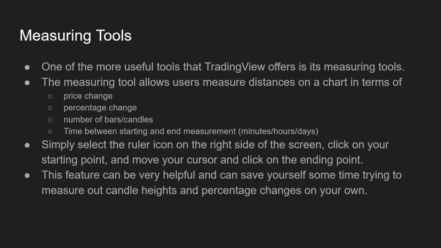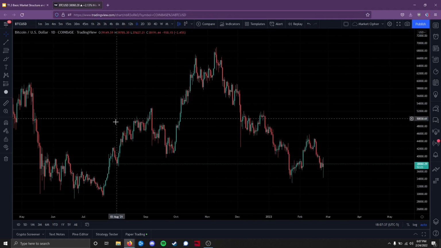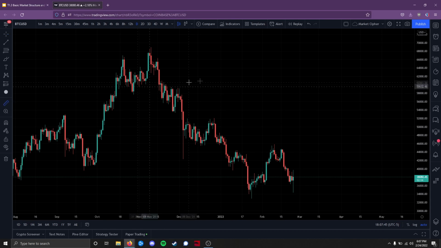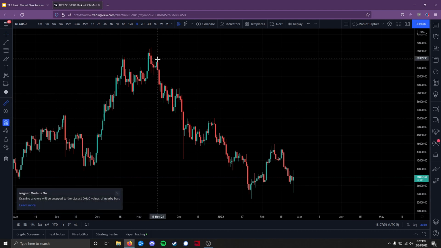So here we are back at our Bitcoin chart. What we're going to do is look for our measuring tool. So here is our measure. We're going to click on this ruler. And once again, I really like to have magnet mode. That way I can automatically snap to these top wicks, the bottom wicks, whatever.